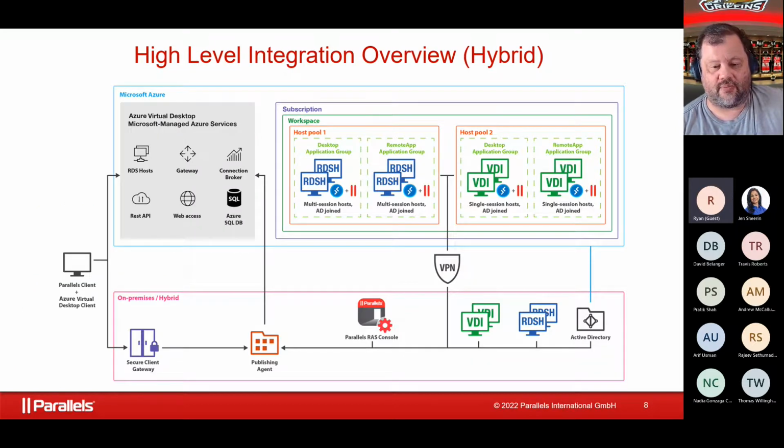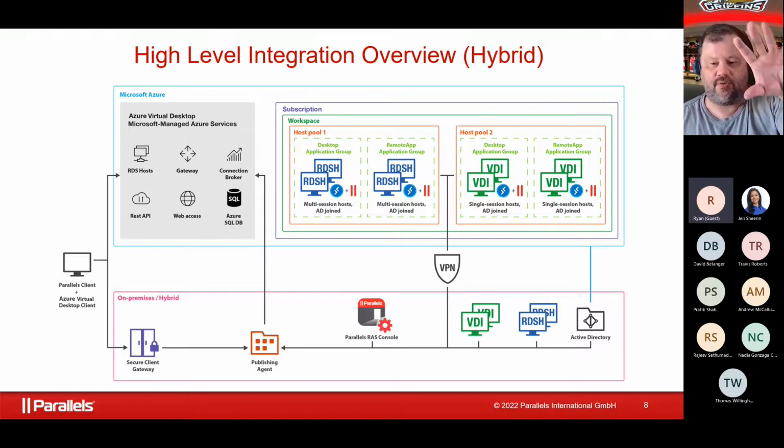So this is what our basic infrastructure looks like. Whether you have your Parallels client out here, this could be a desktop, internally, externally, what have you. They will connect to our portal, and within that portal, and I will demonstrate this in a little bit, they will see the AVD resources.